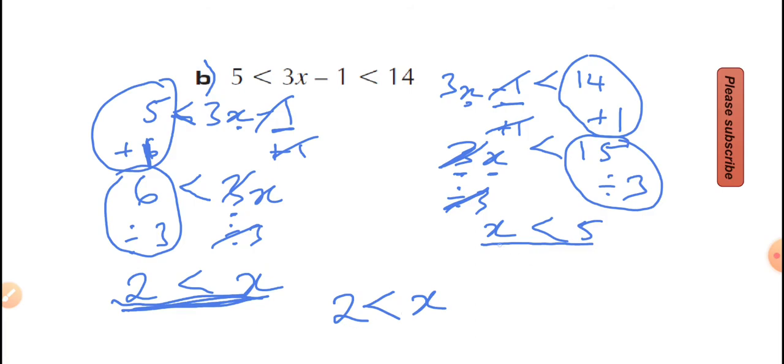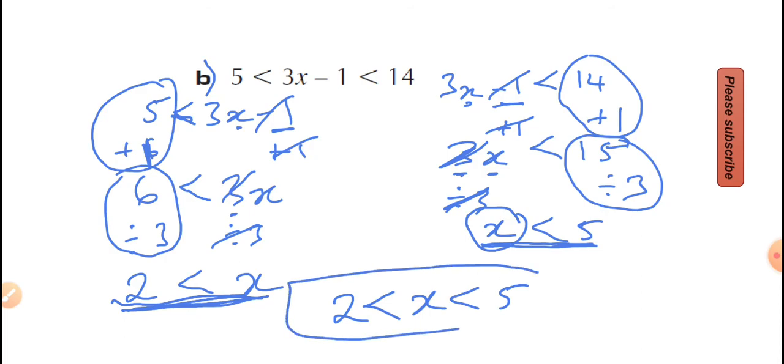So I've copied that down, and this bit here is telling me that x has to be less than 5. So I've already got the x, so I just copy the sign down. So this is the answer.